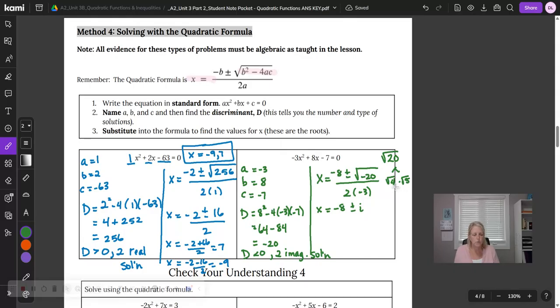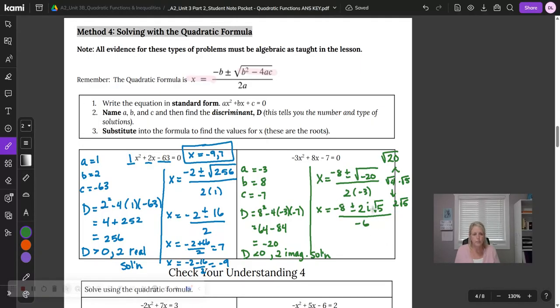I know the square root of 4 is 2, and the square root of 5 will stay simplified. I'm going to move my i over a little bit. So the square root of 20 is 2 radical 5, and then I have a negative, so I have to put the i in there. You can review this from last week if you need to. And then we're going to divide all of this by -6.